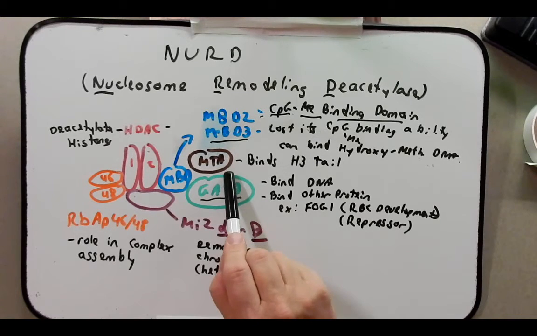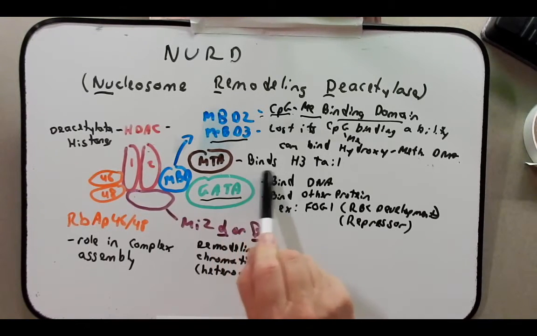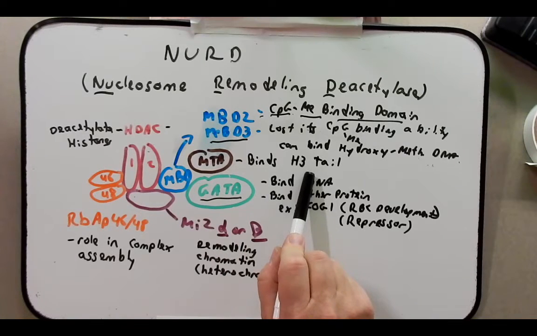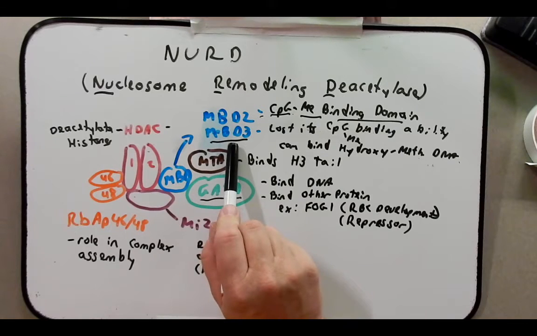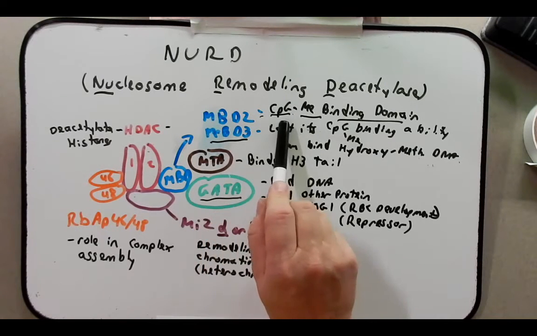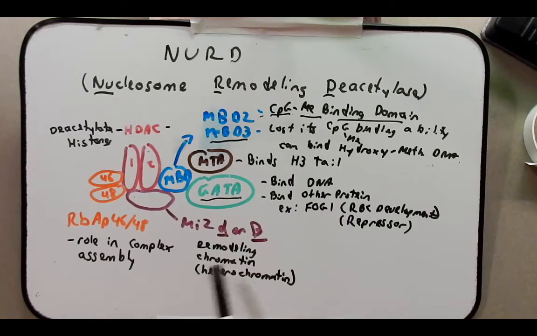It's associated with the appropriate histones because it has this H3 binding ability. It can specify particular genes that need to be turned off because of these methylated CpGs. It brings in this Mi2 to help remodel the chromatin, maintaining or forming this heterochromatin. And we know that's important because forming heterochromatin, this compressed chromatin state, is important in keeping a gene or a region of the chromosome repressed.